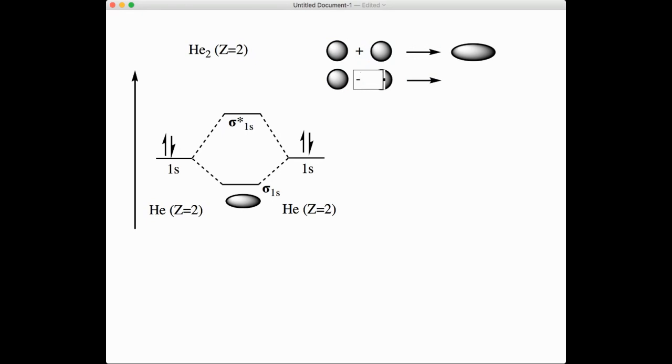And in that case, the out of phase combination is going to create an area in which the electron density is 0. Okay, so this would be a sigma antibonding, two different phases. I'm showing once again the shading refers, guys, to the sign of the wave function.